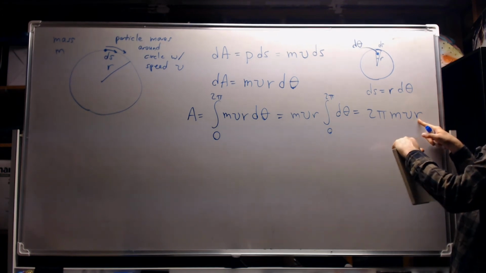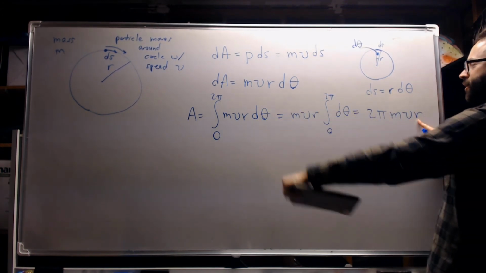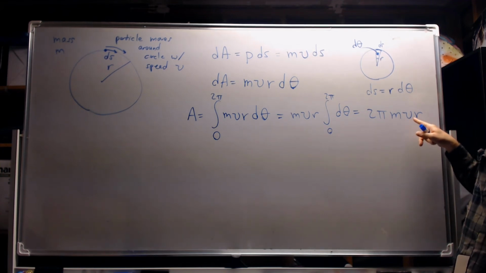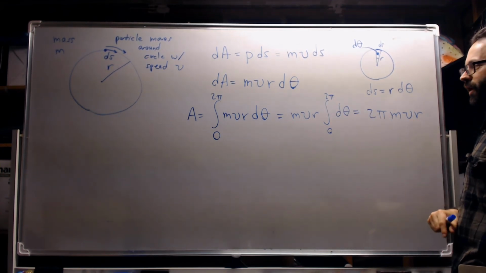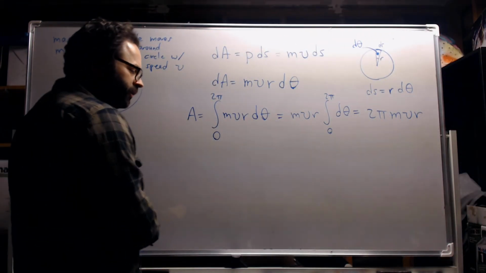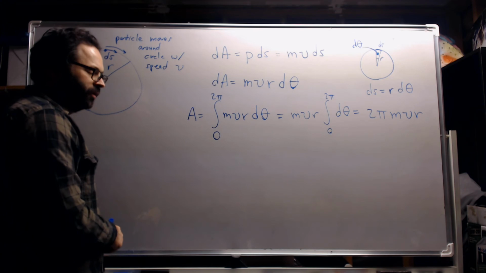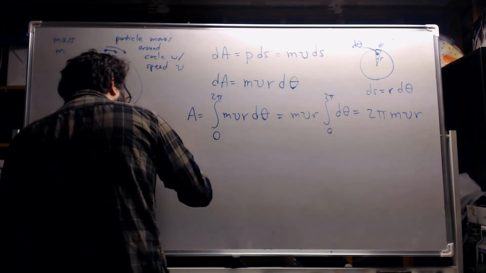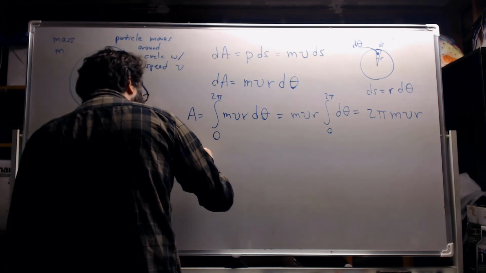So the larger the radius of the circle, the larger the action for a given mass and speed. And for a given mass and radius, the faster the speed, the larger the action. You likely encountered in your physics classes the idea of the angular momentum.